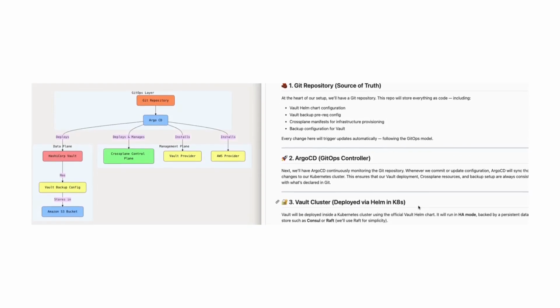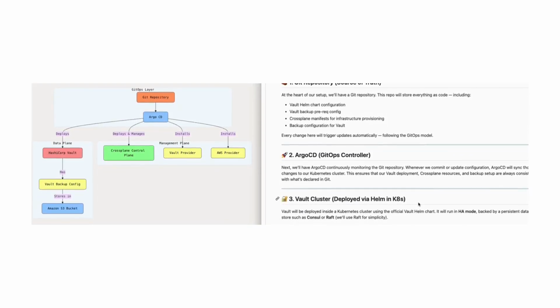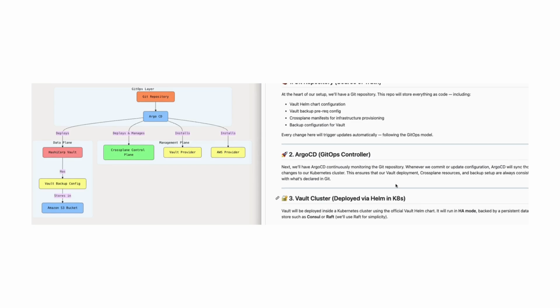Let's walk through the high-level architecture of our solution. The first component is the Git repository, which is the source of truth. At the heart of our setup, we'll have this Git repository.